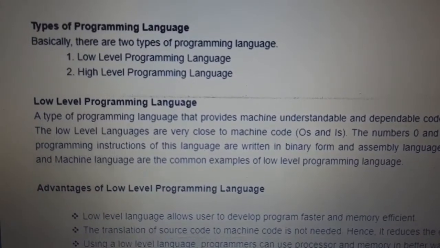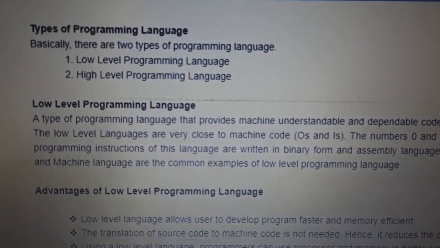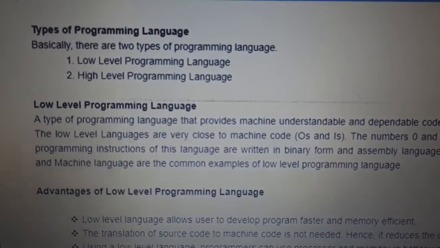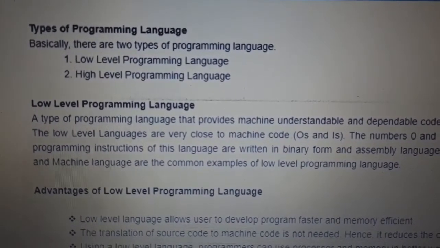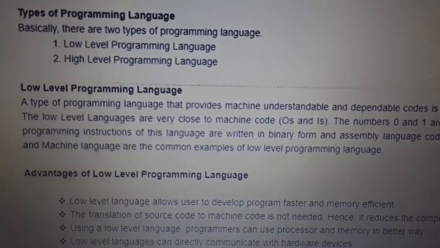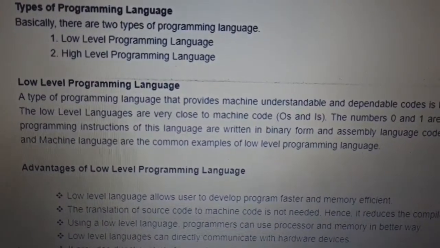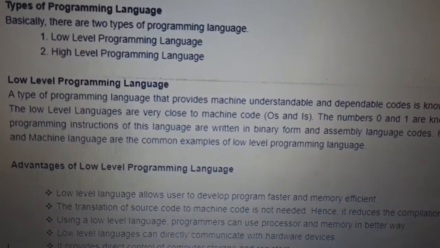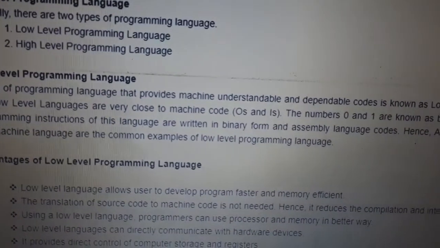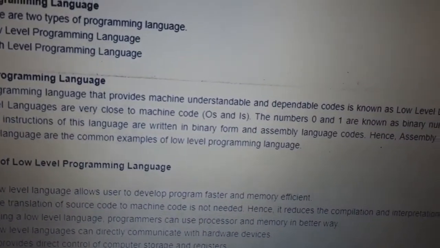For example, generally this refers to either machine codes or assembly language. So a type of programming language that provides machine understandable and dependable code is known as low level.